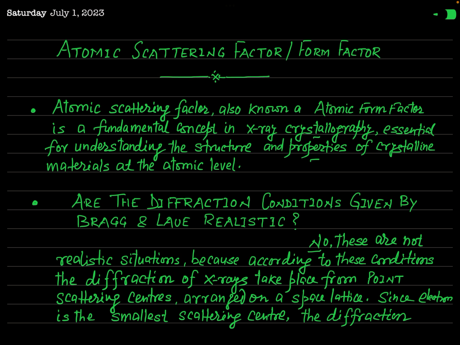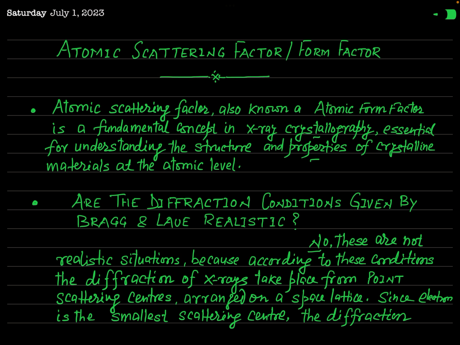But are these electrons located at the lattice points? The answer is no. At the lattice points, atoms are located. And you know, an atom consists of a large number of electrons. So, in practice, the scattering of X-ray will take place by atoms, not by electrons, not by a point scattering center. When you say point scattering center, that means electron.